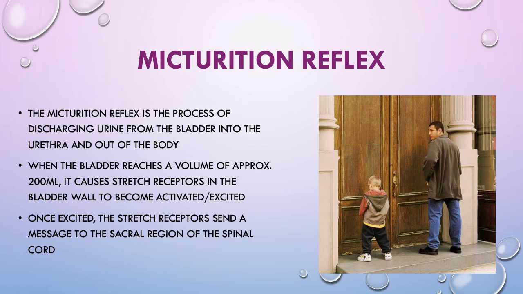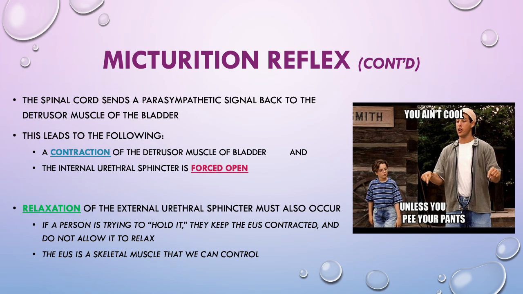So now the micturition reflex is the process of discharging urine from the bladder, okay? When the bladder is distended around, and I should not say, 200 mLs, it's like the minimum that stretches the receptors and creates that reflex to tell your body we need to pee. Okay, so the micturition process.